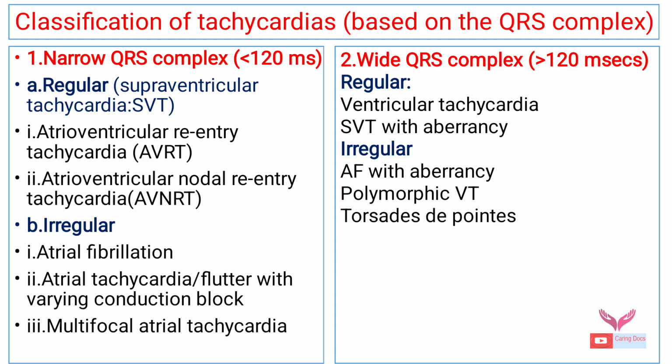Irregular narrow complex tachycardia is seen in atrial fibrillation, atrial tachycardia or flutter with variable conduction block, and multifocal atrial tachycardia. Regular wide QRS complex tachycardia is seen in ventricular tachycardia and SVT with aberrancy. Irregular wide QRS complex tachycardia is seen in atrial fibrillation with aberrancy, polymorphic VT, and torsades de pointes.